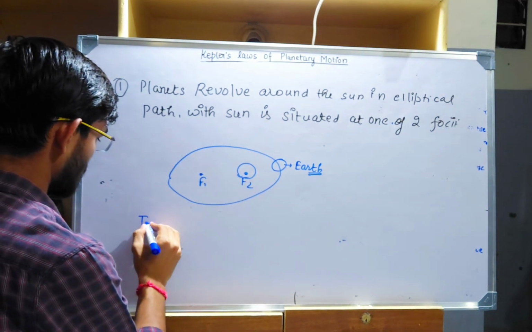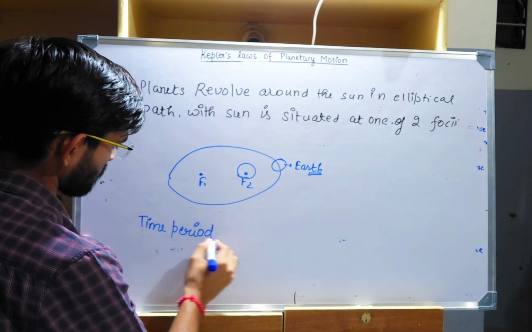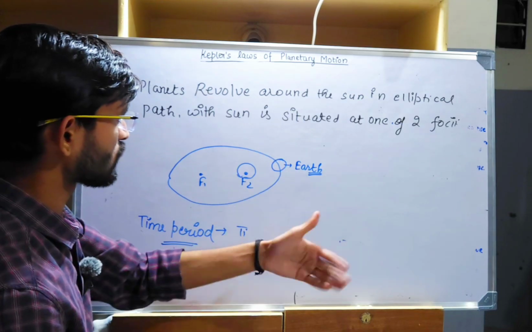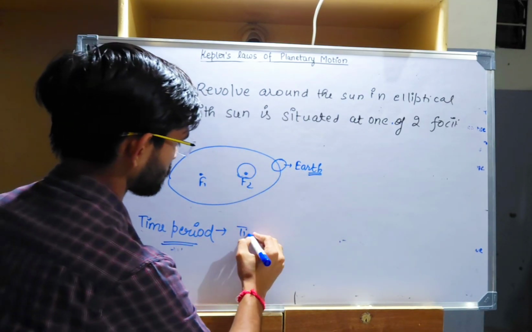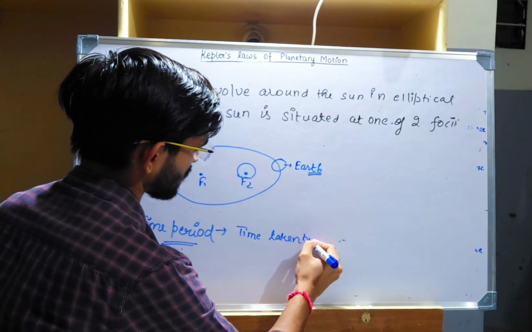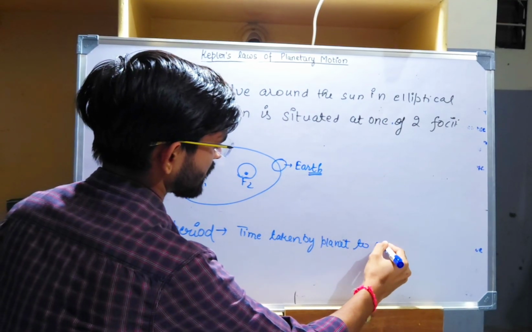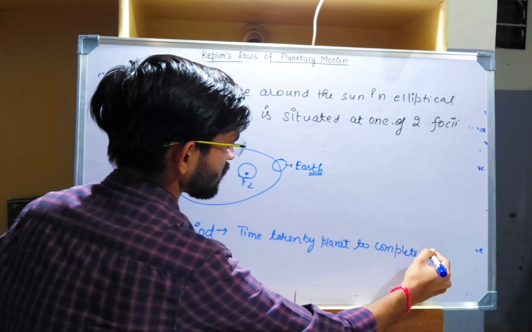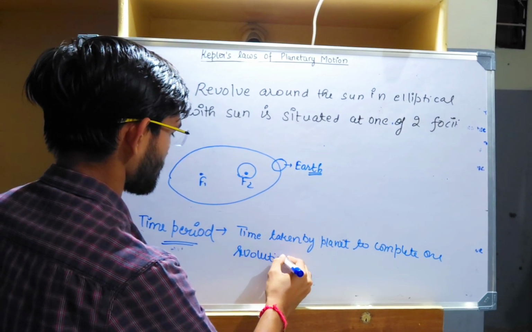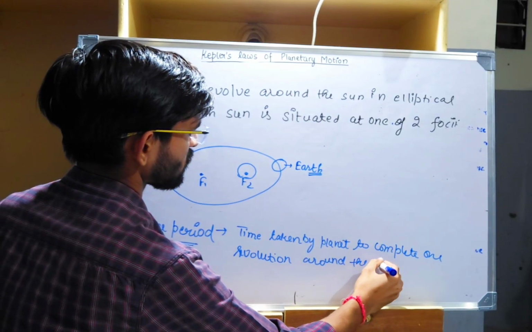First I will explain what the time period of a planet is. Time period means the time taken by a planet to complete one revolution around the sun.